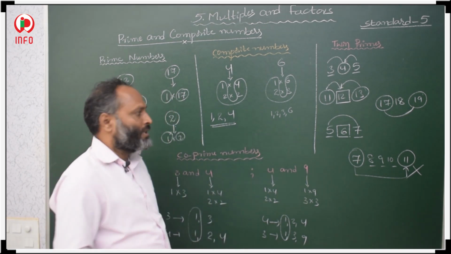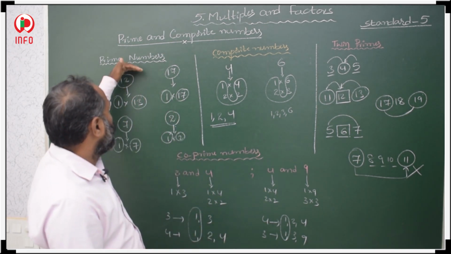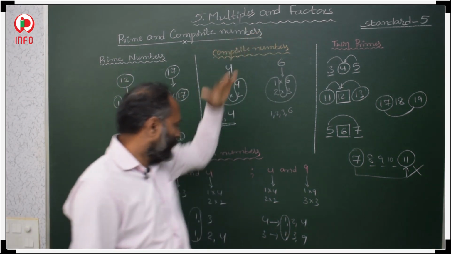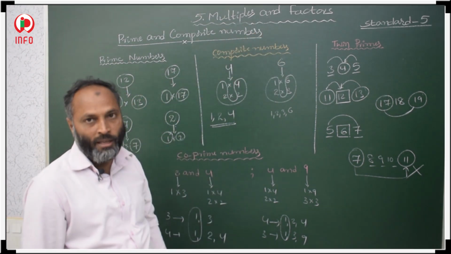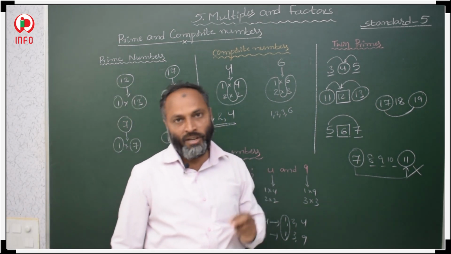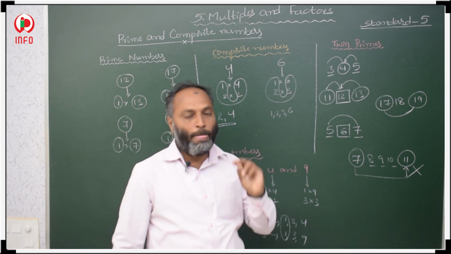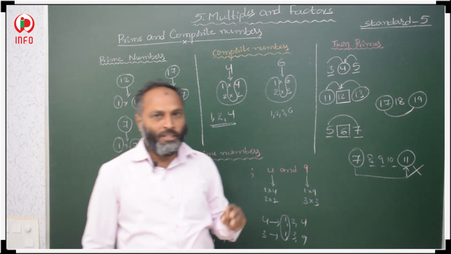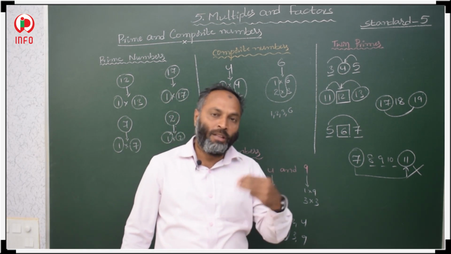These are the definitions for prime numbers, composite numbers, twin primes and co-primes. Prime numbers are numbers having 1 and itself as factors. Composite numbers are numbers having more than 2 factors.